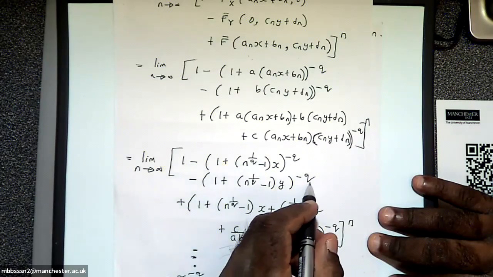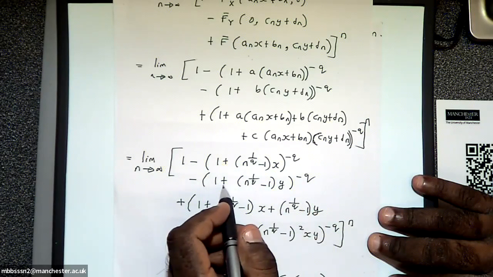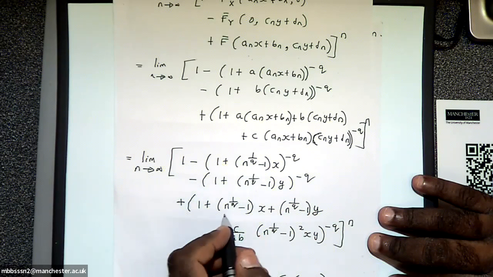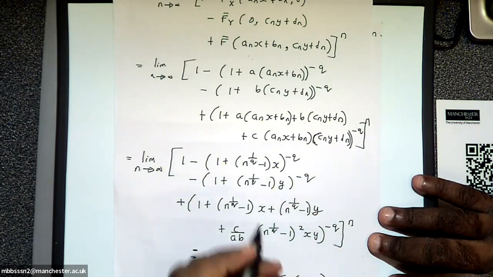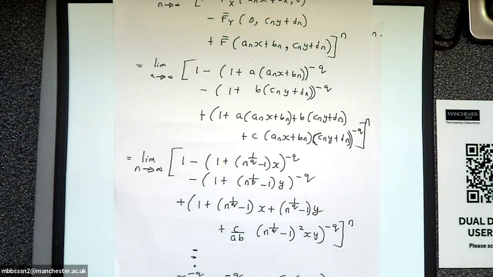And similarly here, you will get a 1 over n times a factor, and here also you'll get 1 over n times a factor. And then you will use the result that I mentioned, that if you have something like 1 plus z divided by n, to the power n, then that approaches exponential of z, right? So that's what you will do.